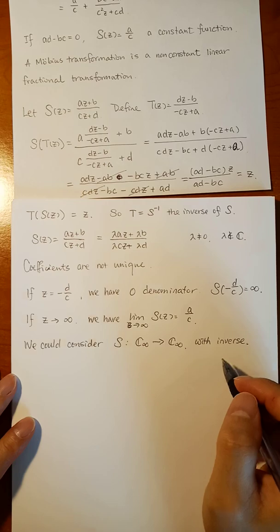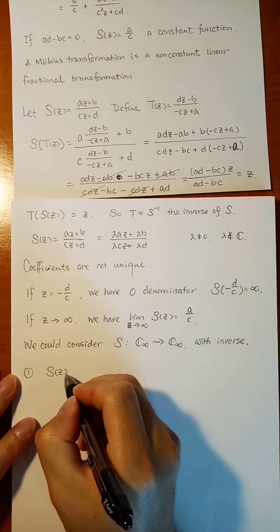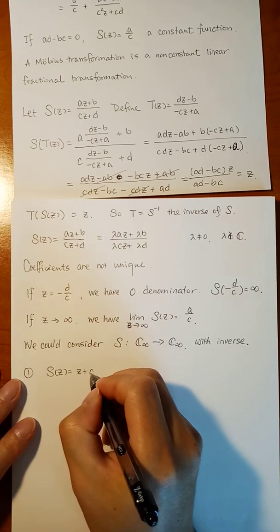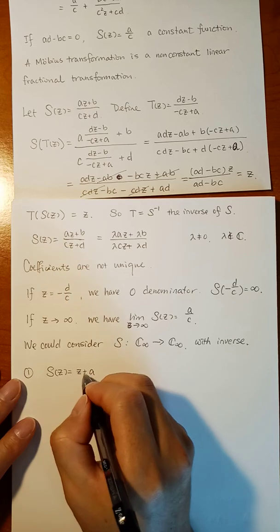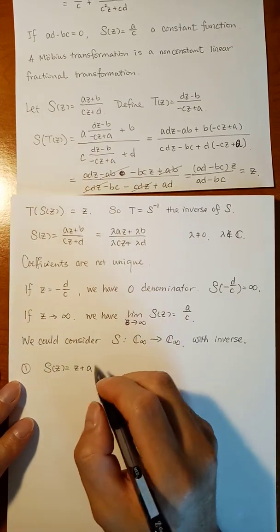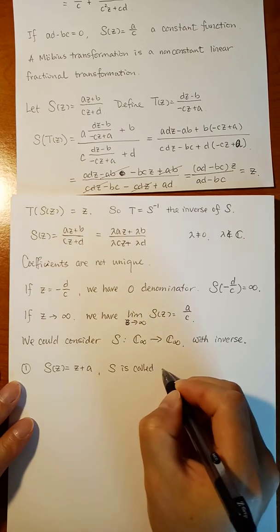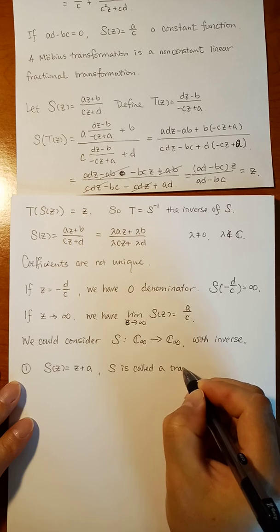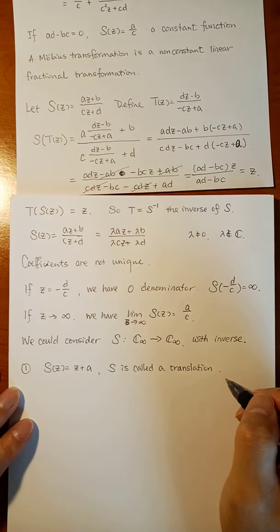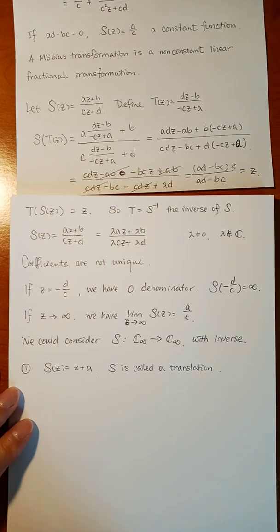Then we have several names. Name one: if S of Z is equal to Z plus A, it's called a translation. So C is equal to 0, D is equal to 1.